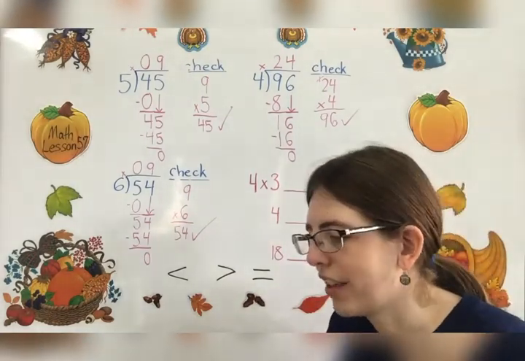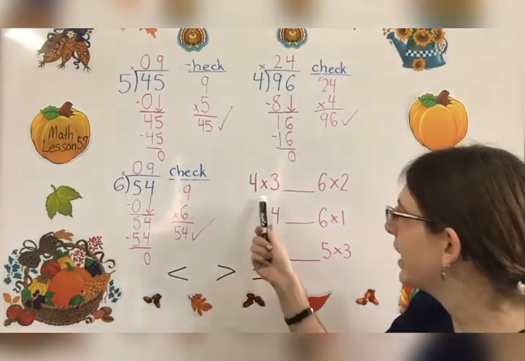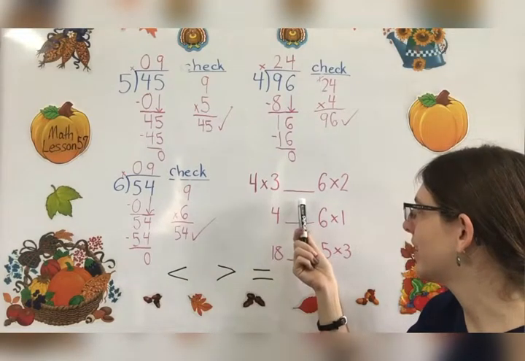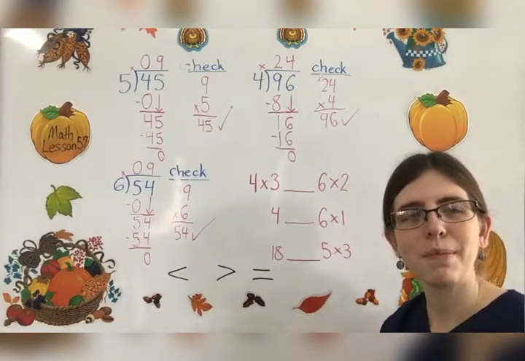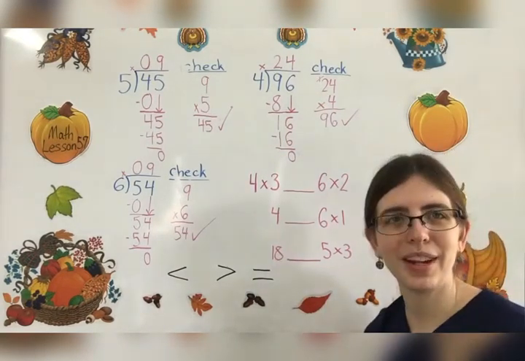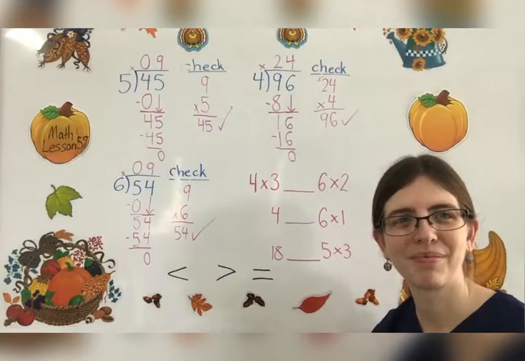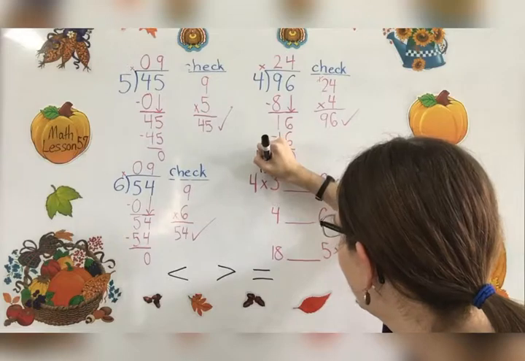Okay, we're going to do letters A, B, and C together. So here I have 4 times 3 is less than, greater than, or equal to 6 times 2. Well, to compare them, first I need to solve the problem. What is 4 times 3? 12, very good. So 4 times 3 is 12.